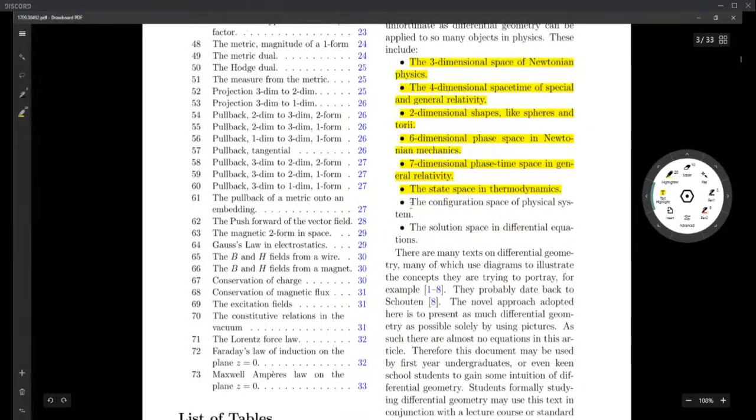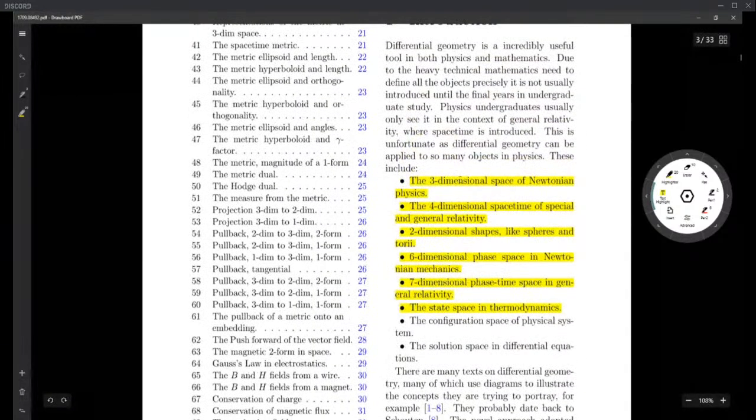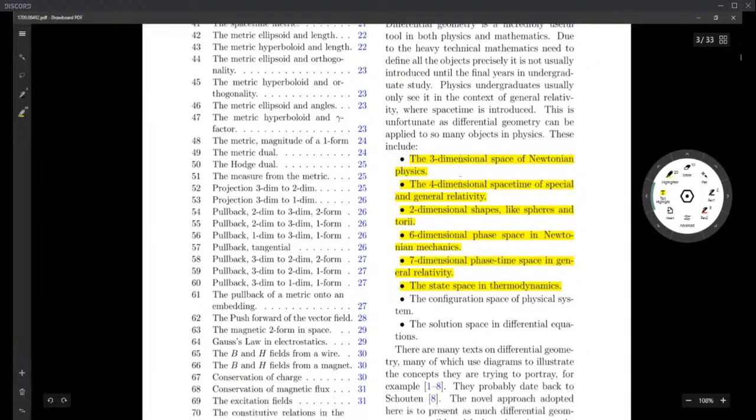All these are applicable, but it's often used for general relativity.